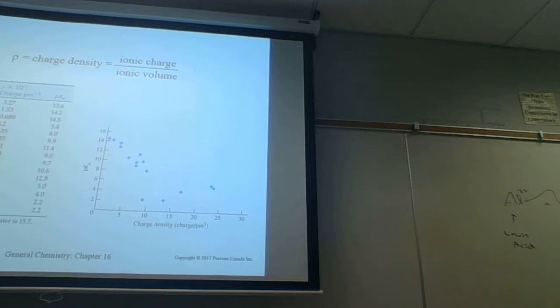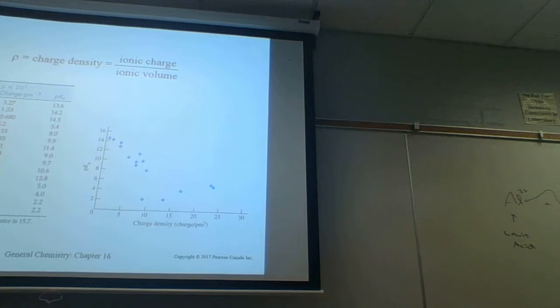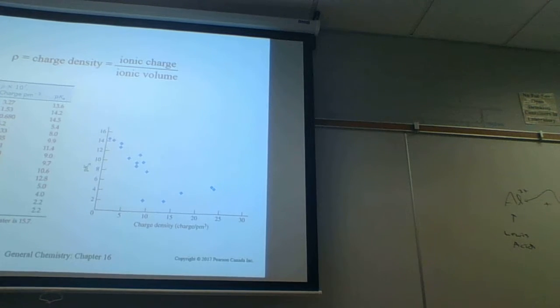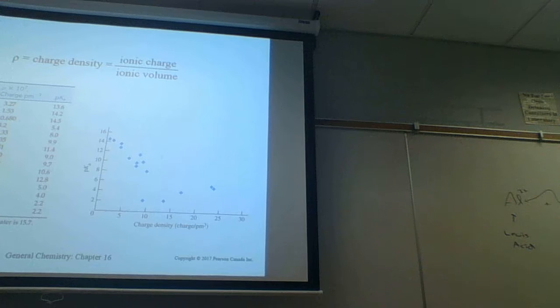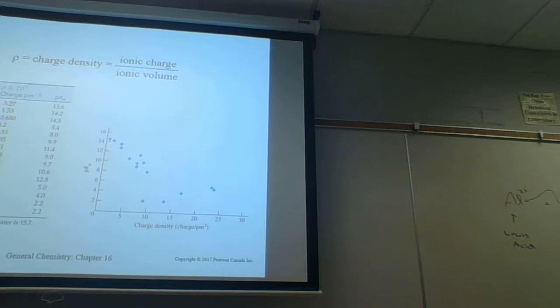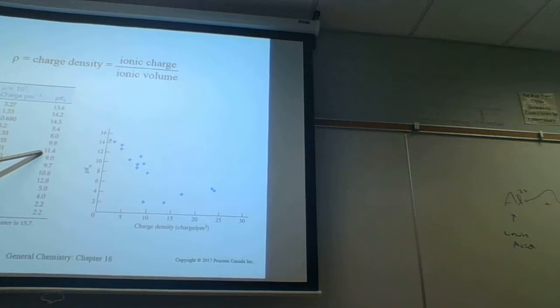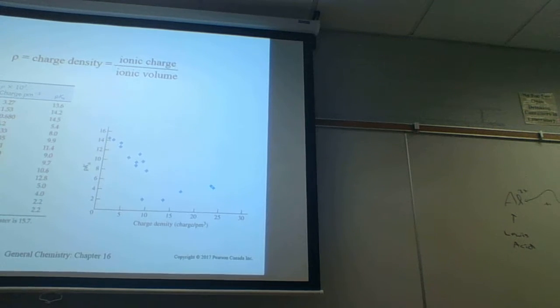In other words, aluminum 3 plus is 10 billion times stronger of an acid than potassium ions are. And so what we say is potassium ions, sodium ions, lithium ions are neutral in water. Beryllium 2 plus is not. Beryllium 2 plus is quite acidic because of its size, right? Magnesium 2 plus is not. Magnesium 2 plus is pretty neutral. Do you see that? It wouldn't be very acidic at all.